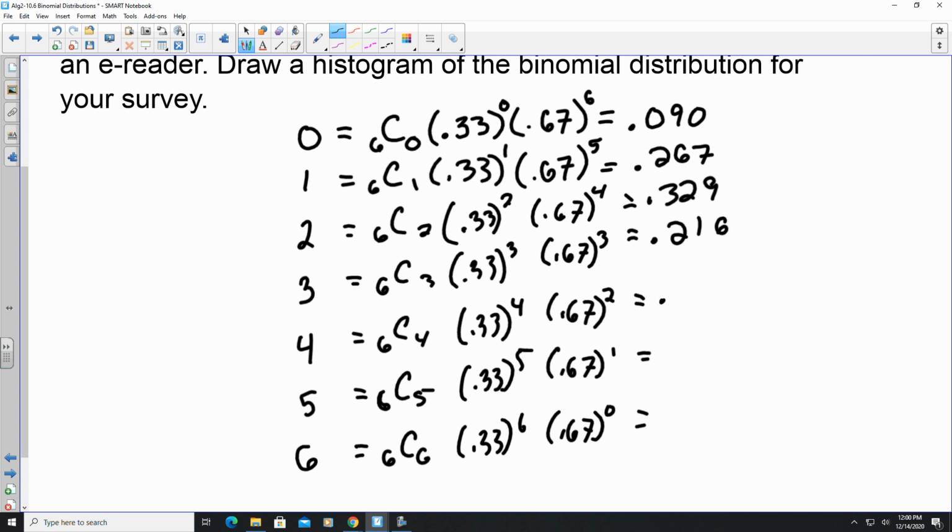For 4, it would be 0.080. For 5, it would be 0.016. And for 6, it should be 0.001. So that's what you get for that. The highest probability would be right here, which would be 2, which would make sense.